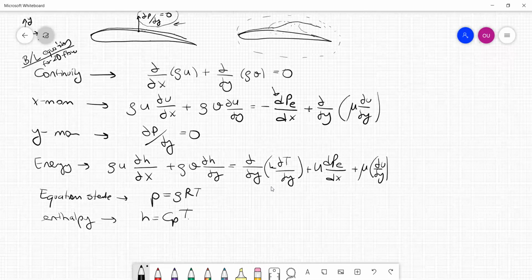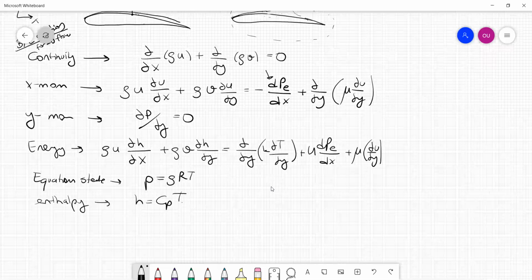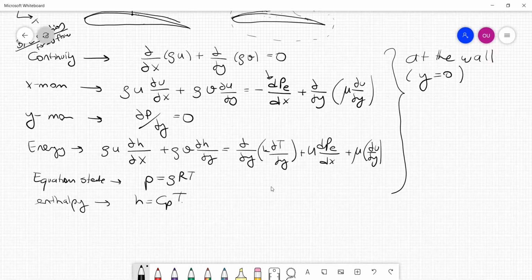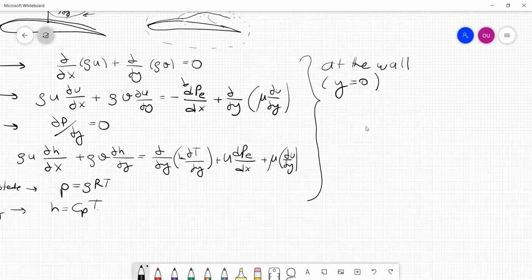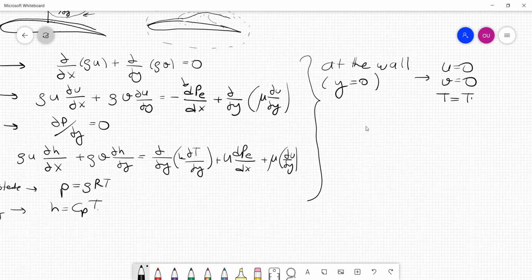This equation set, of course, must be subjected to some boundary conditions at the wall, which we have already seen, but let's write them again. At the wall, which means at y equal to 0, we have the no slip boundary condition. So at the wall, we have basically u equal to 0, v equal to 0, and if there is some temperature boundary layer, T equal to T wall.